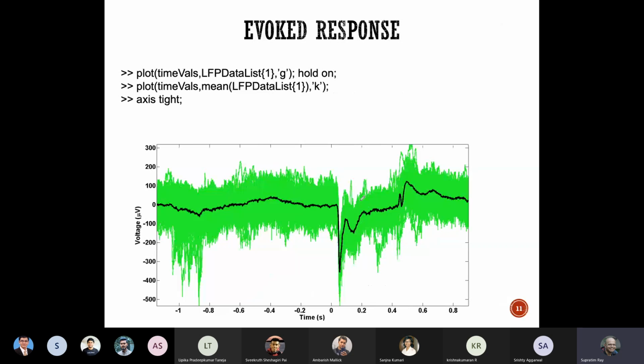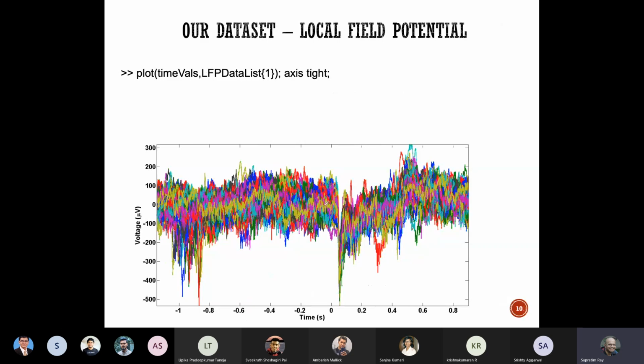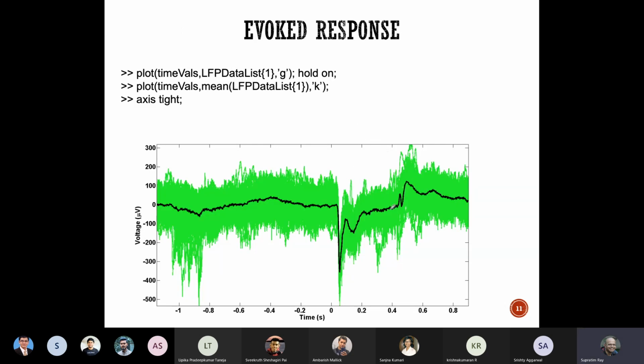But in each of these trials, 76 trials that you see here, there is an induced component also, some gamma rhythm, but it's coming at different phases in different trials, which is why when you average it, you don't see it here.